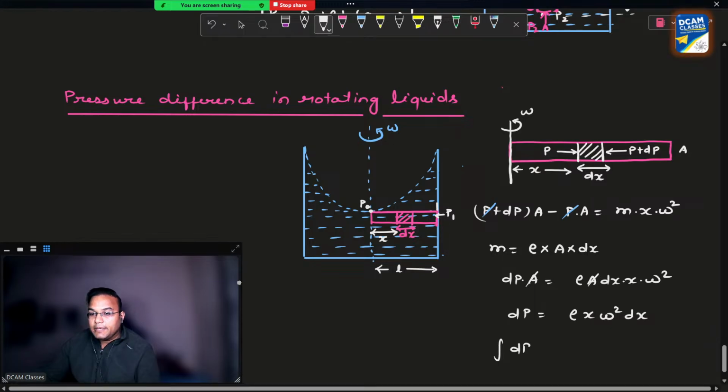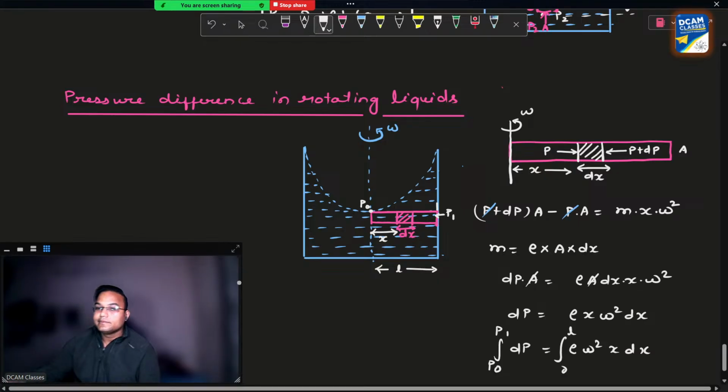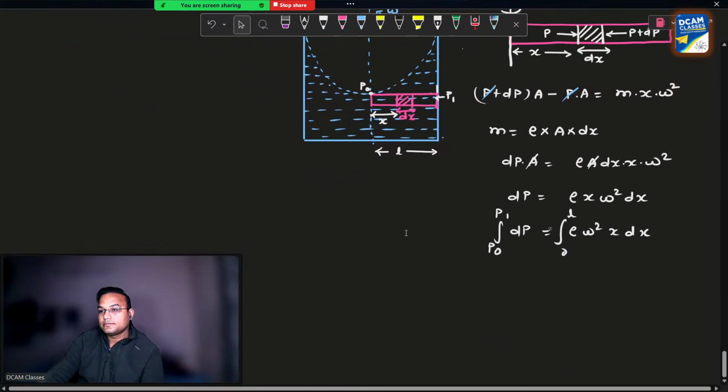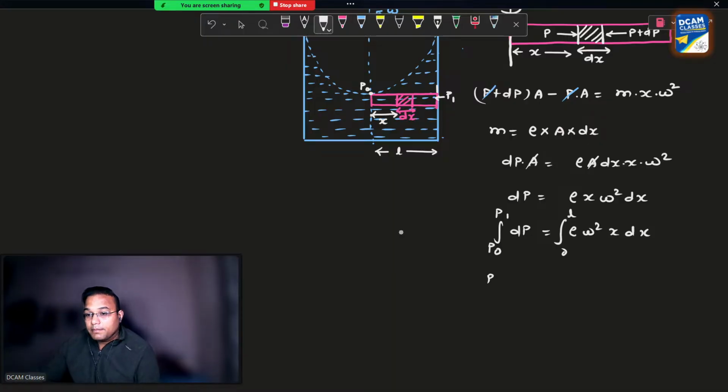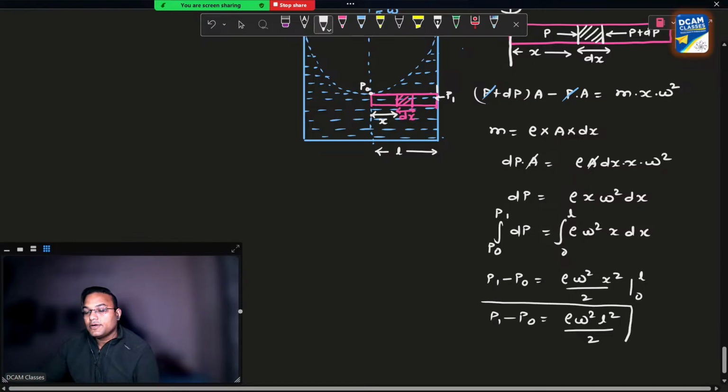So we'll integrate dP from P naught to P1 equals rho omega square x dx, integrating from 0 to L. P1 minus P naught will be equal to rho omega square x square by 2, from 0 to L. You know the integration of x dx is x square by 2. So P1 minus P naught will be equal to rho omega square L square by 2. So this is the pressure difference for the length L.